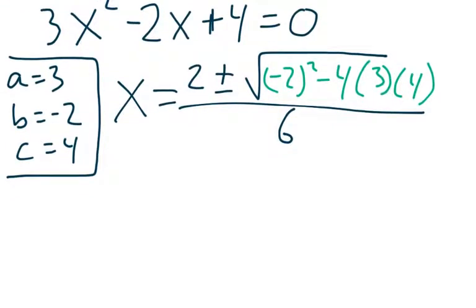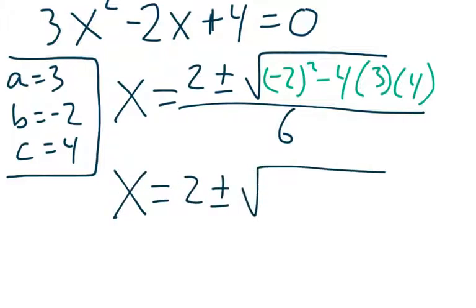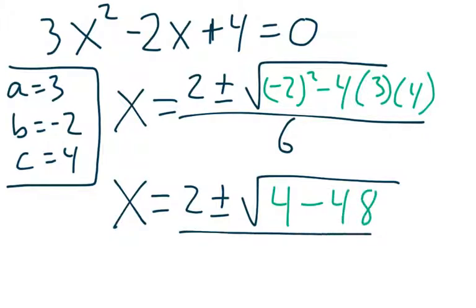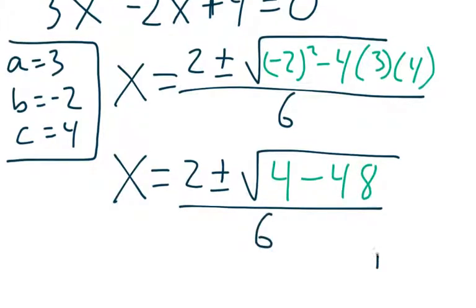So I keep going here. It's 2 plus or minus the square root of 4 minus 48, it's going to be imaginary, all over 6.